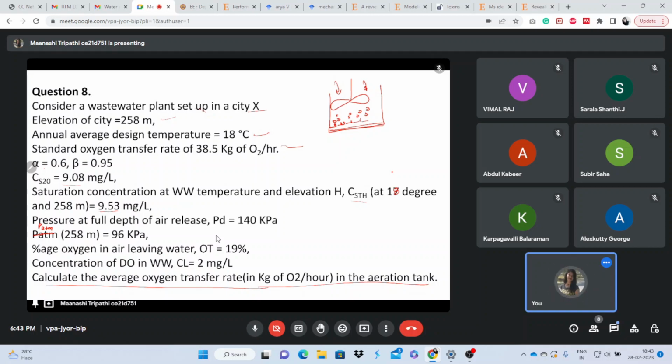So take care of that. Anyway, the CSTH value is given to you, so you have to use this value only, but saturation should also be used in the formula. Please try to solve this question. I'll give you a minute to do this, or note down the data and try to solve.